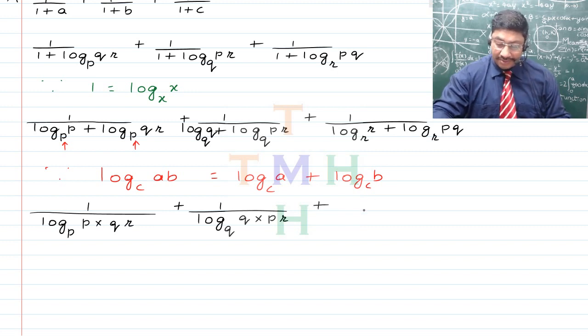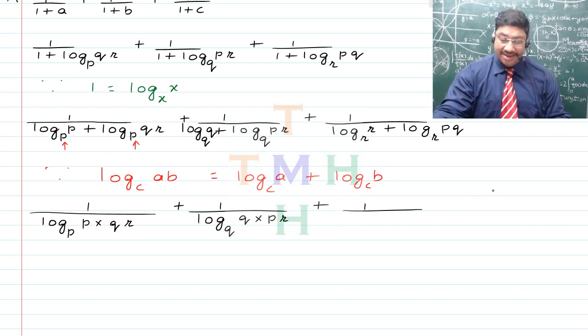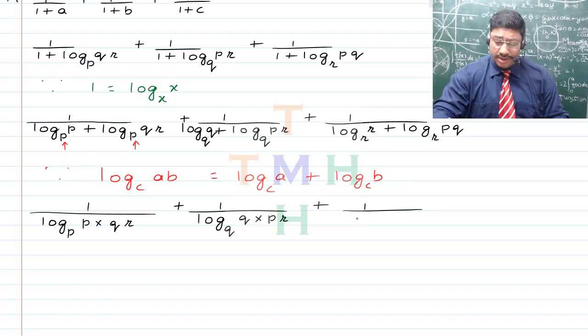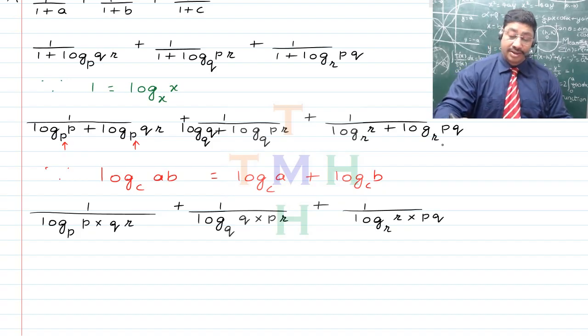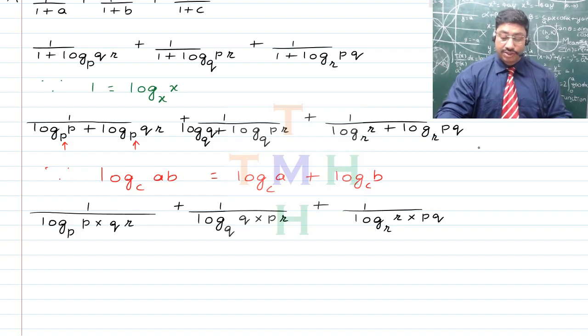Now to that is going to be added 1 upon, again converting this binomial to a monomial, log of r, which is going to be multiplied with pq, and the base is going to be the same as the base of both of these logarithms.